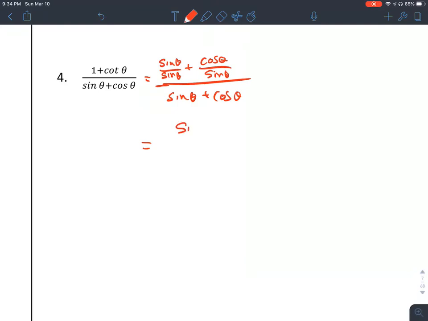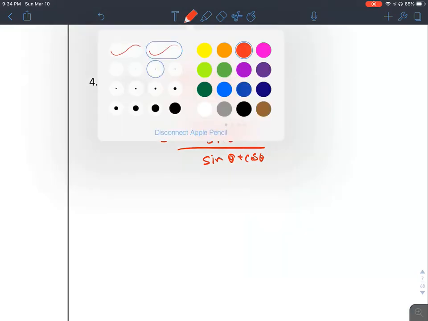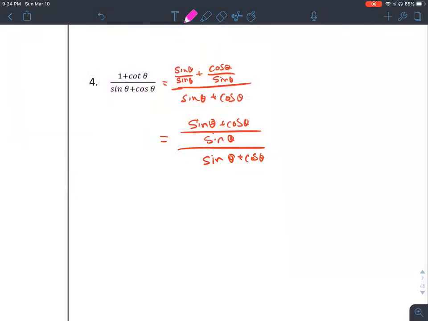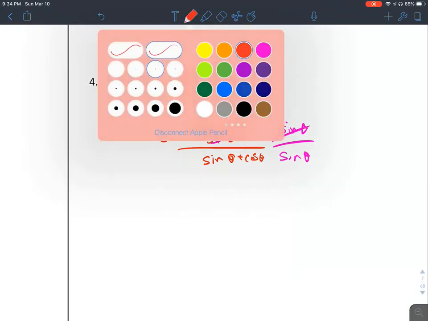Now in my numerator, I have the same denominators, so I can add the numerators together. And now, as a complex fraction, to get rid of the denominator of sine of theta, I'm going to multiply this by 1 in the form of sine of theta over sine of theta. Those sine of thetas cancel.